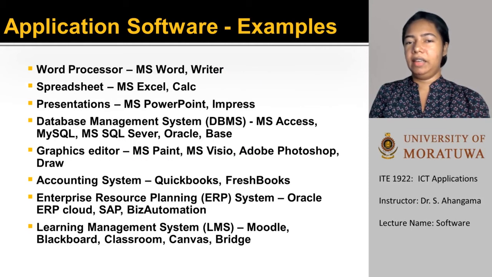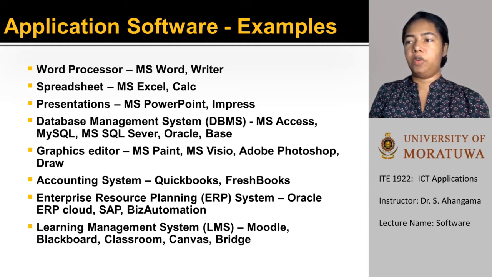Here you can see some examples for application software. Word processing is a tool that helps users in creating, editing, and printing documents. For example, we can consider Microsoft Word and Writer. Then spreadsheet packages are designed to use numbers and formulas to do calculations with ease.